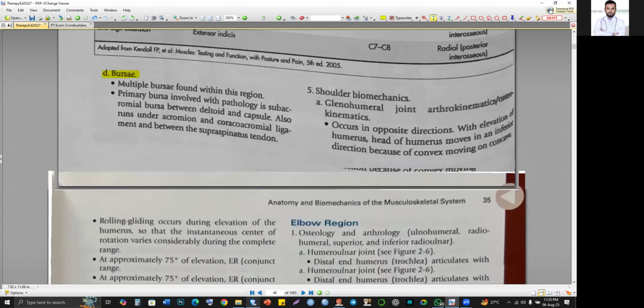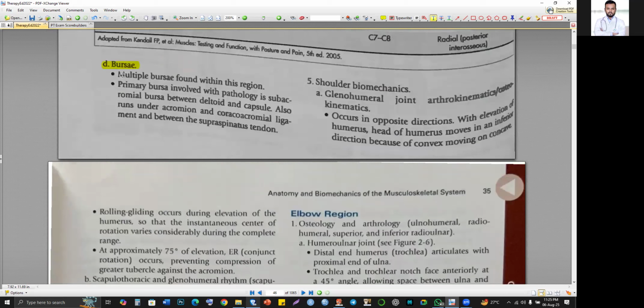Next is bursa. So multiple bursa found within this region. There's lots of bursa. If you search in Google, you can see all those bursae. Now the primary bursa involved with pathology is subacromial bursa, which is very common in clinical practice, between deltoid and capsule, and also runs under the acromion and coracoacromial ligament and between the supraspinous tendon.